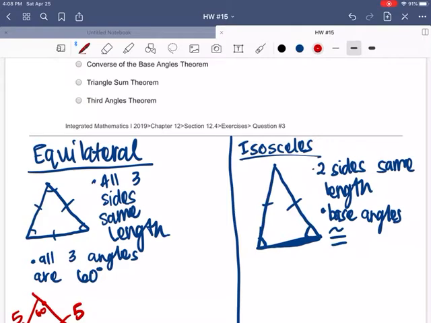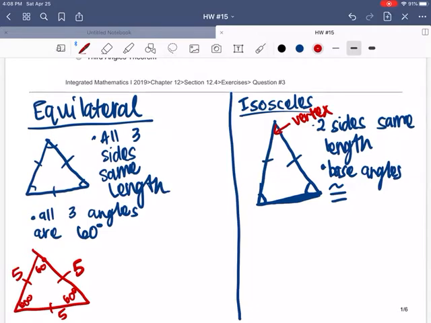And then one other vocab word here. This piece right here on an isosceles triangle, that is called the vertex. The vertex is the angle that's in between the two sides that are the same length. So if I give you this triangle, and I tell you it's isosceles, and I know two things.